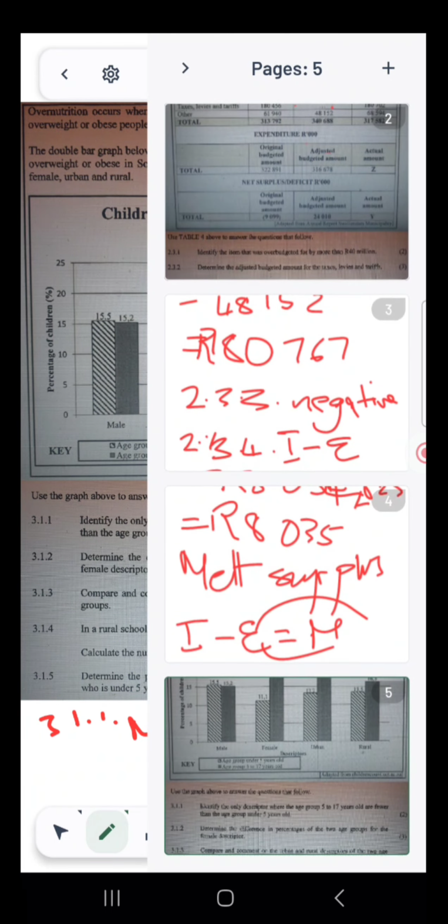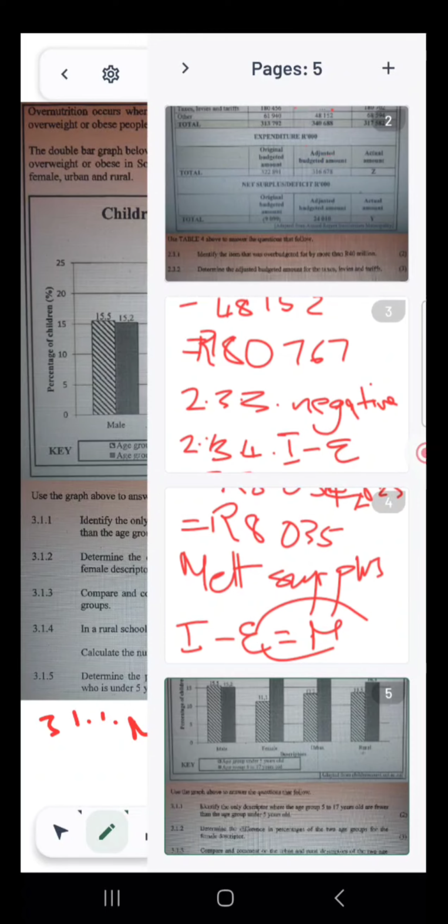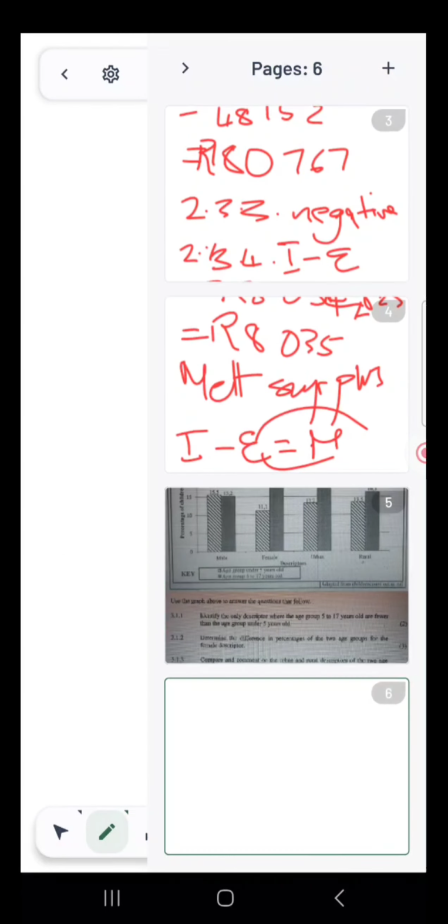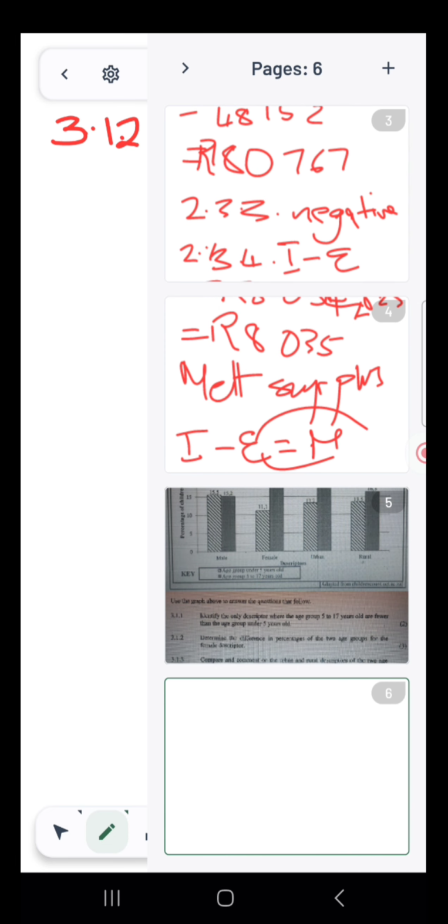Okay, so let's do the equation. According to the numbering, 3.1.2, we're going to have 21,5 minus 11,1. Someone may ask where do I get this? They said the female column.